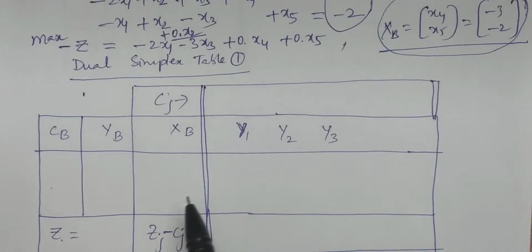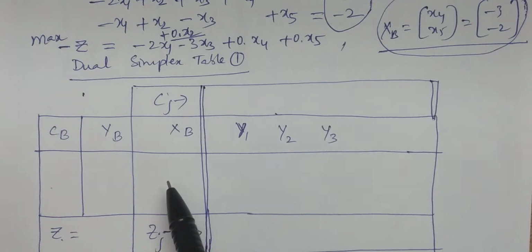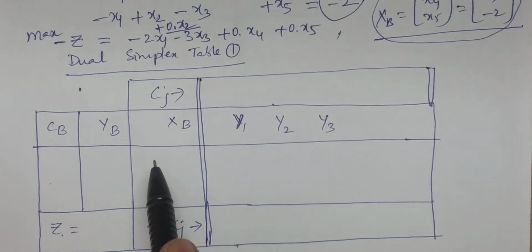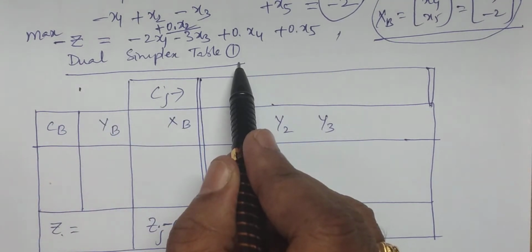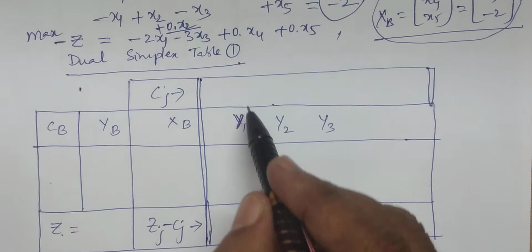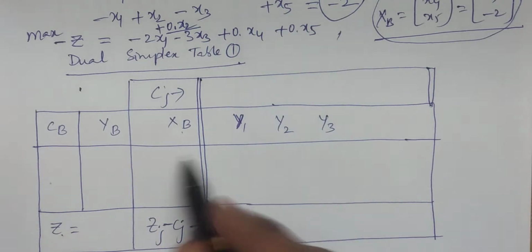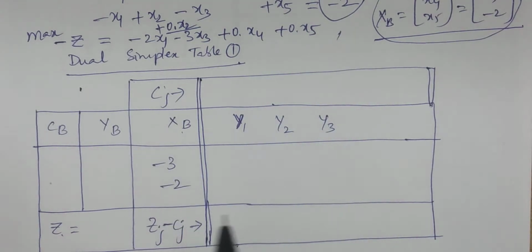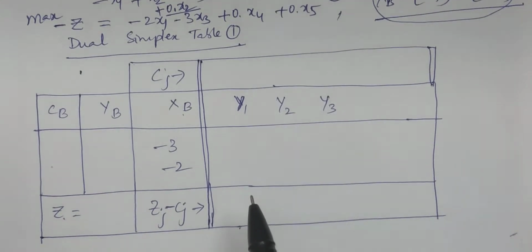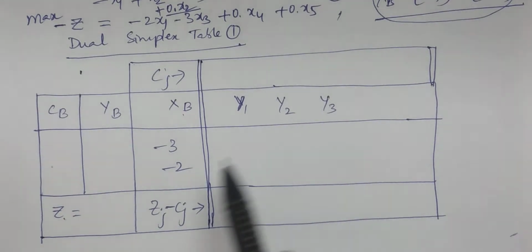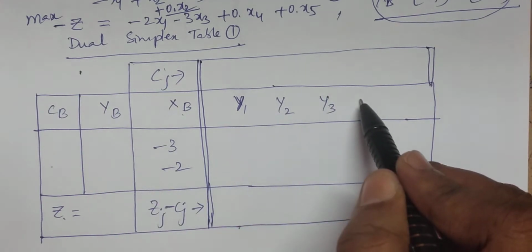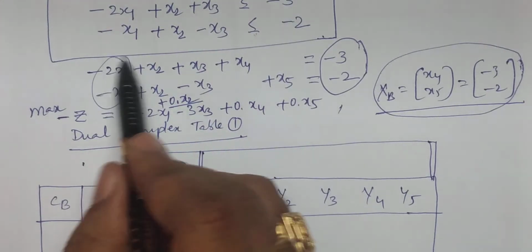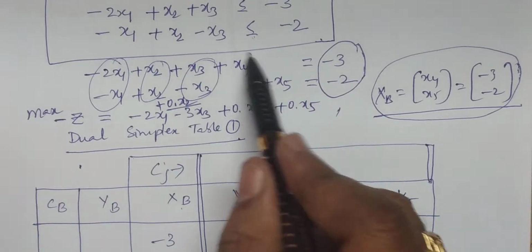Please go and see, right? Thereafter, you come and form the simplex table, the dual simplex table 1 I have formulated here, with the Cj values, and I write all the values. XB first of all, minus 3, minus 2, the initial basic feasible solution obtained here, and y1, y2, y3, y4, y5.